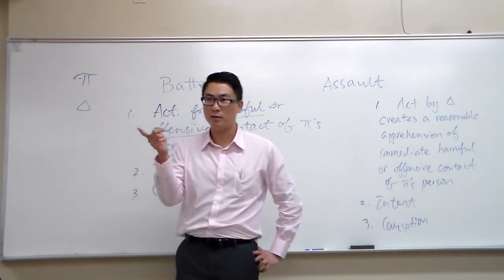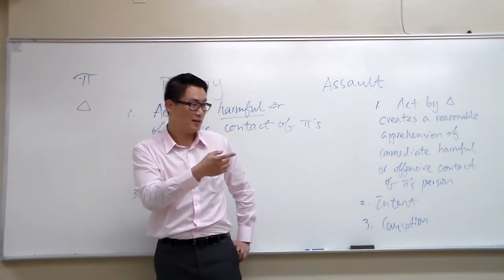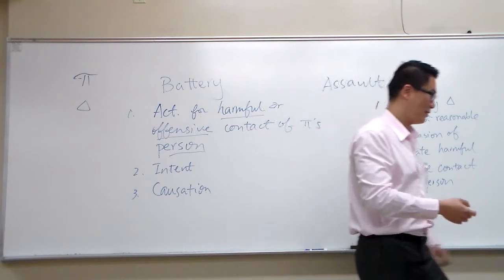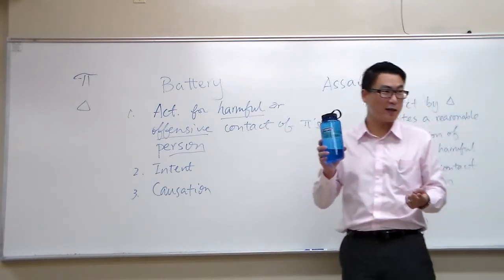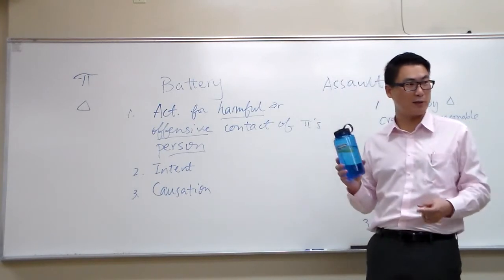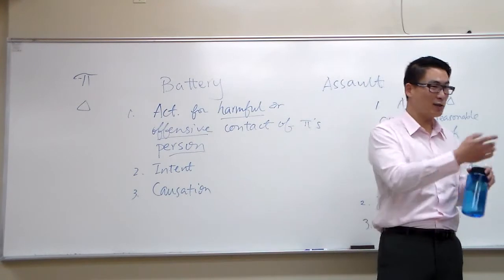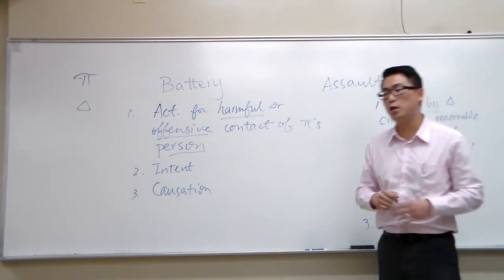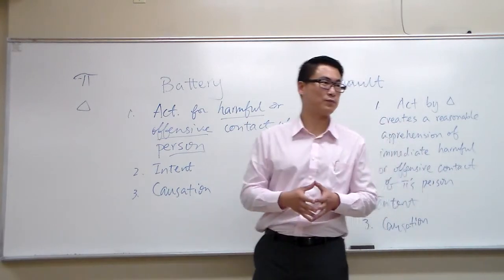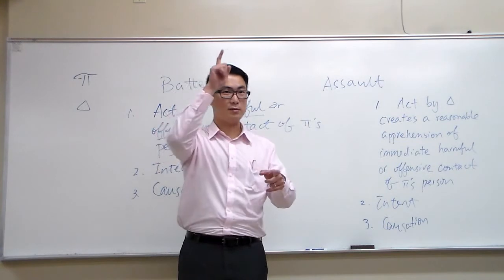Yes, anybody? Okay, let me repeat the facts one more time. Melissa says, I'm going to break your nose when I come back from dinner. That's essentially what it was. And then she turned around and went for dinner. Can you sue her for assault? No. Why not?